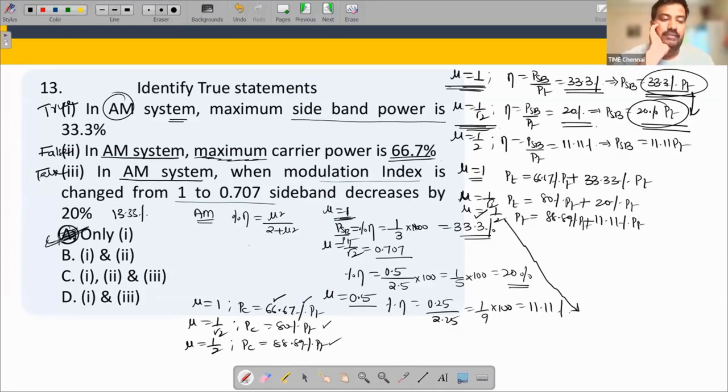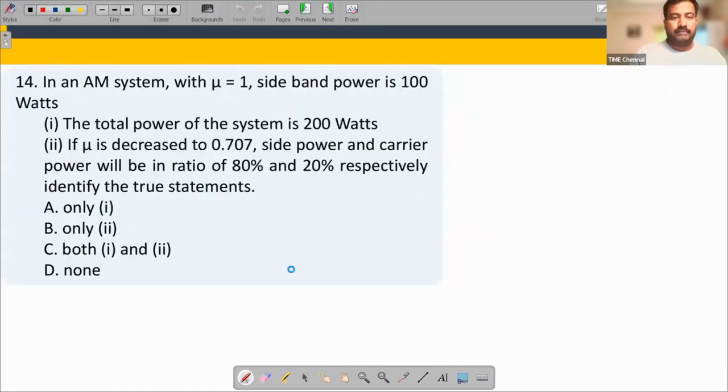Only A. Option A, only one is true. Clear? Yeah. Next.